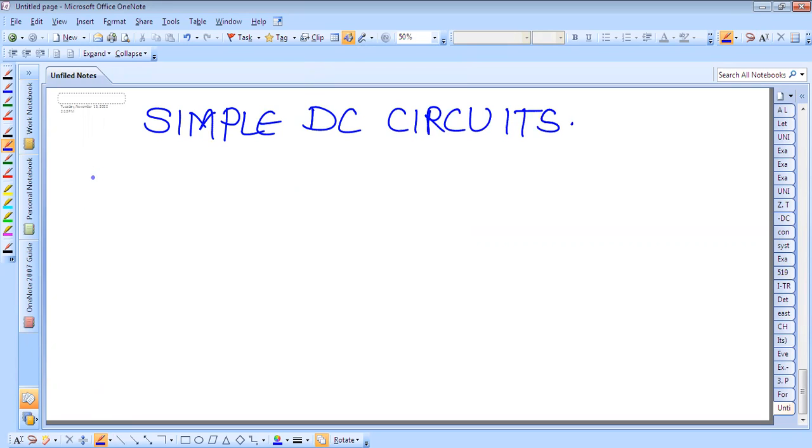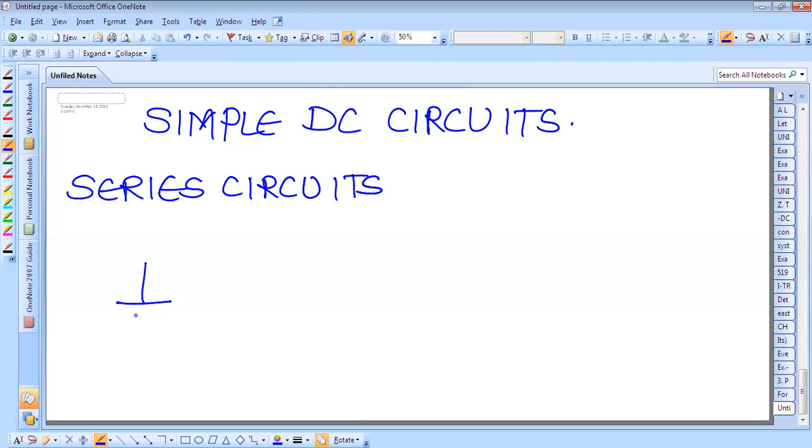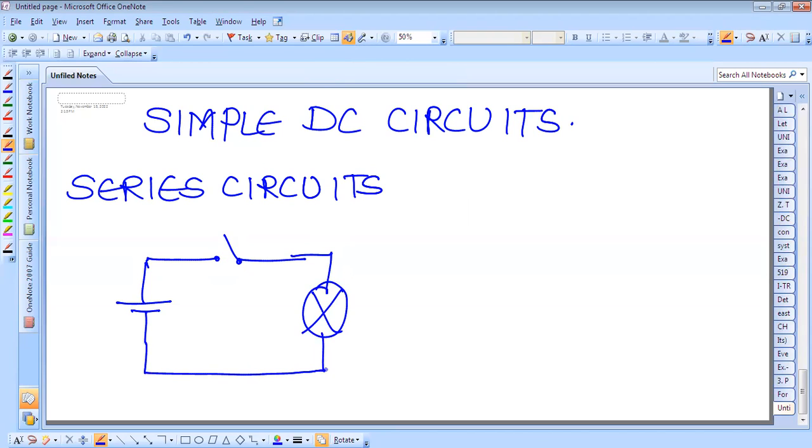Let us consider the series circuits. So we have the voltage source like this. We have one switch connected in series and one lamp is connected in the circuit.